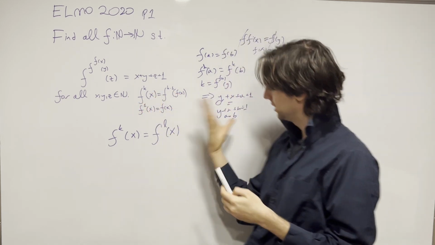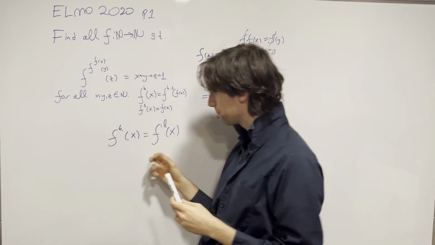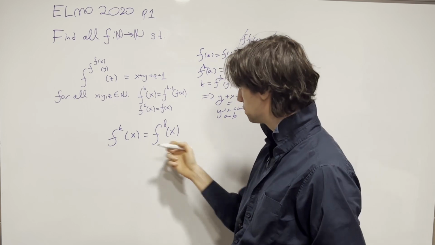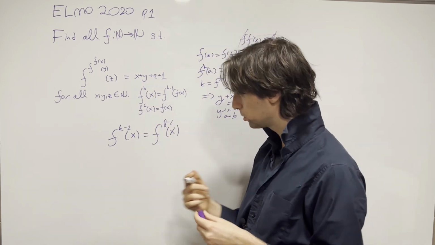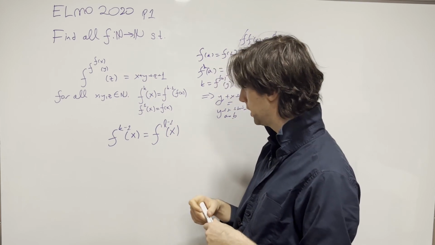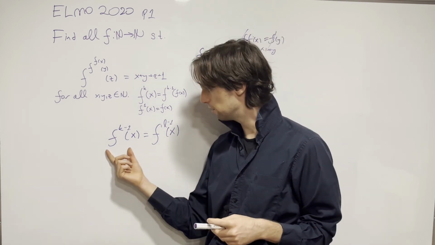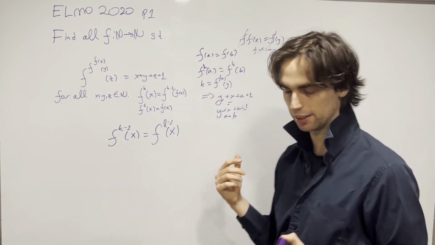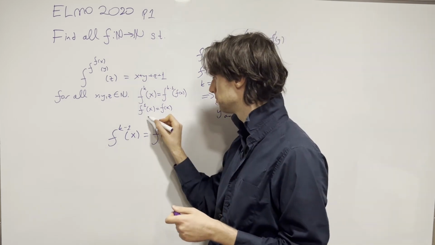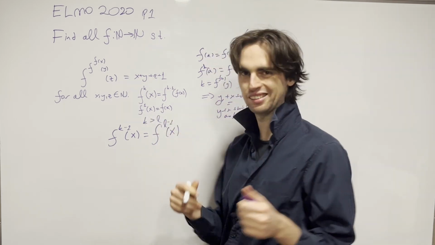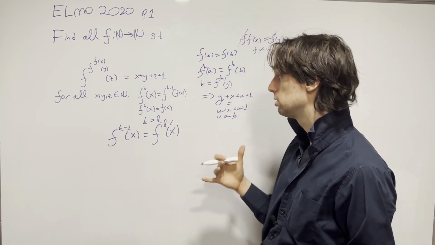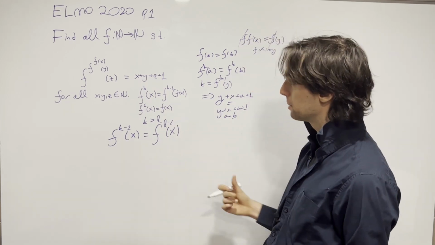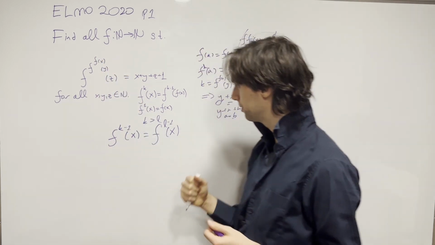So here we can decrease this by 1, and then keep on decreasing it until we get an f here and an f applied k minus l plus 1 times here. Say k is greater than l. If they're equal, then it's not really much. But if they're different, it's interesting because we can get them to be different here.